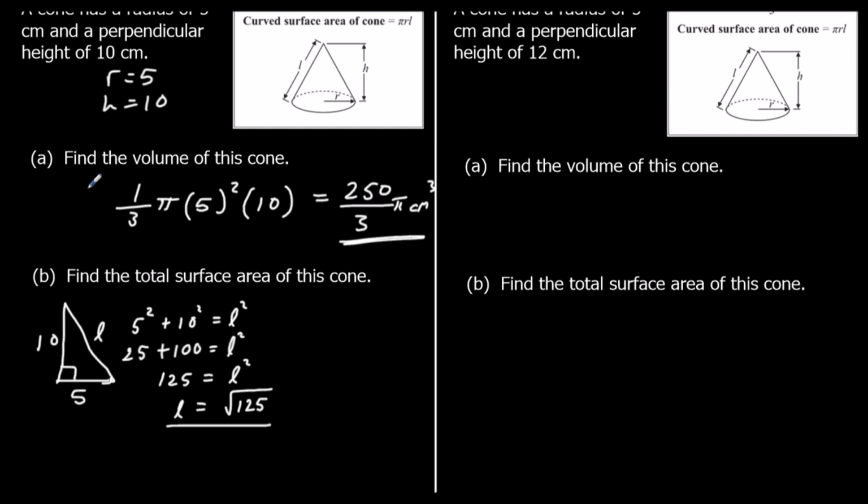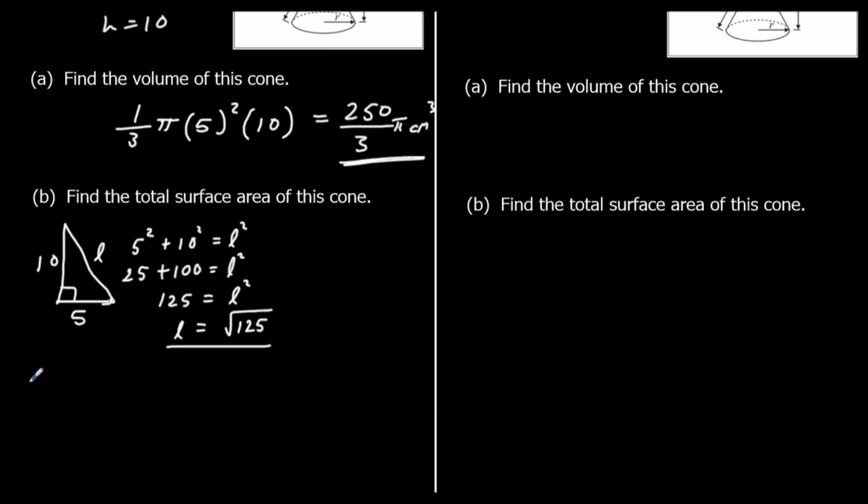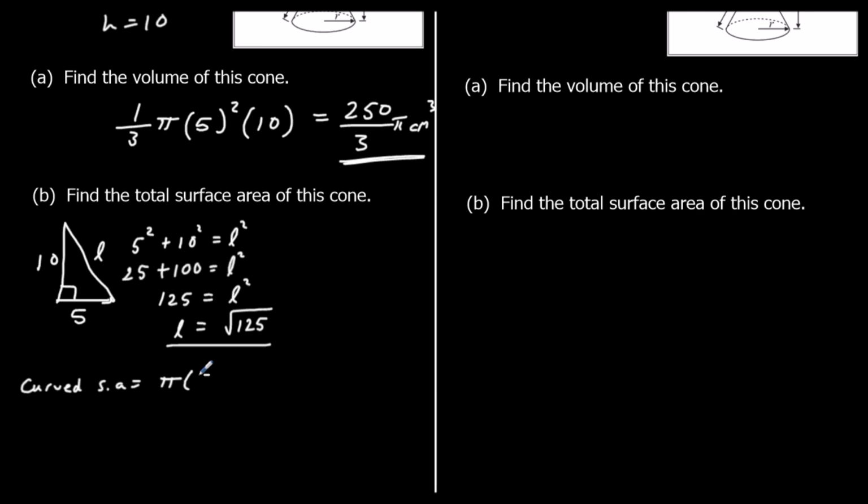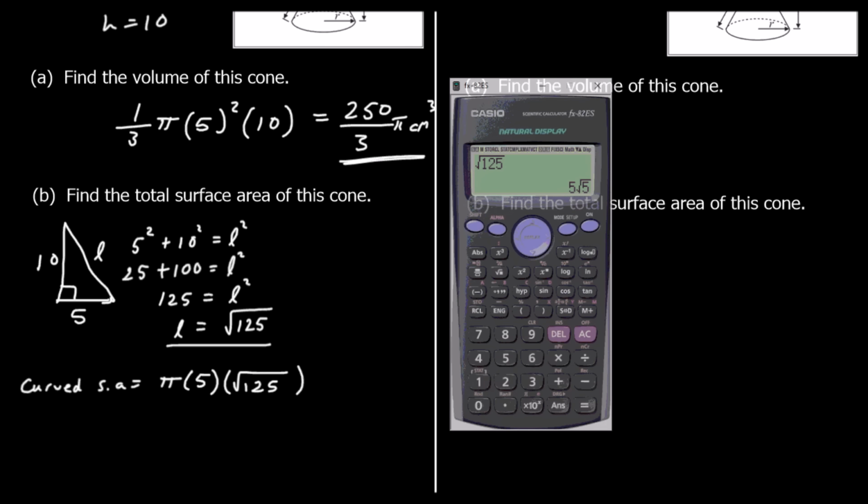The curved surface area is pi RL. So curved surface area is pi times R, which is 5, times L, which is the square root of 125. Or it'll be the answer button in our calculator.